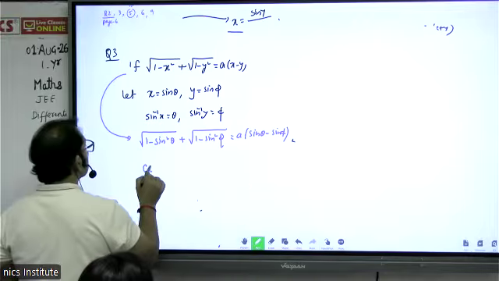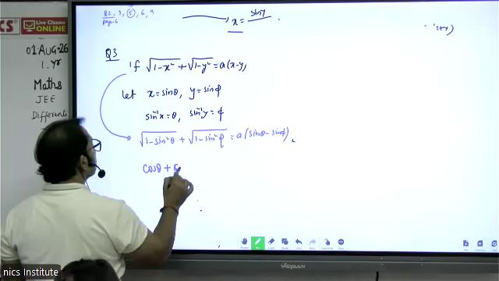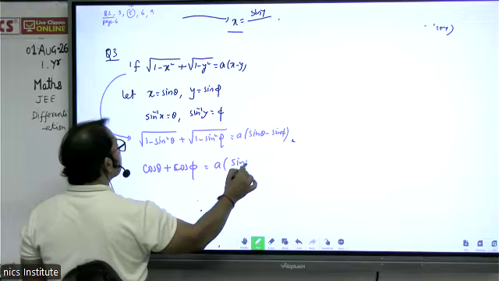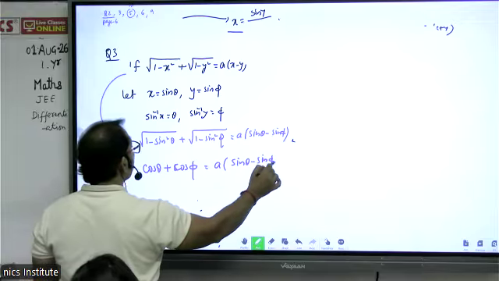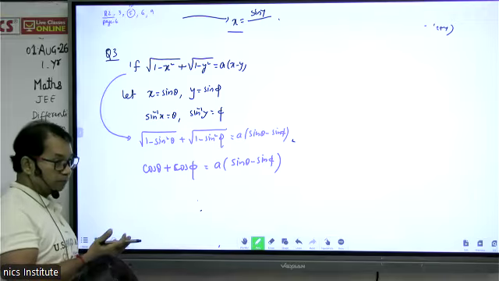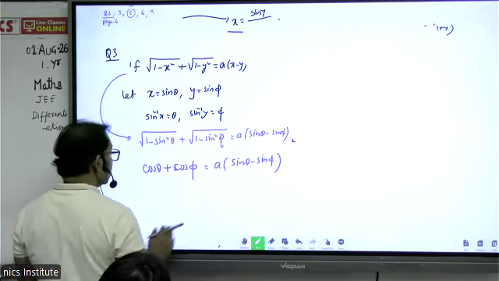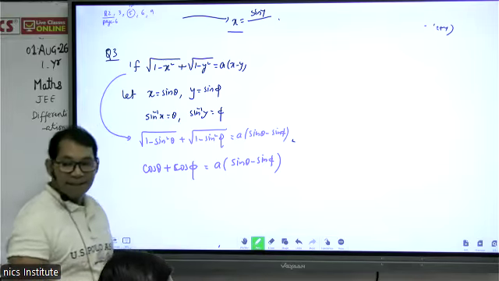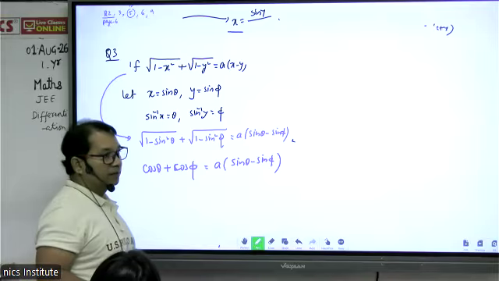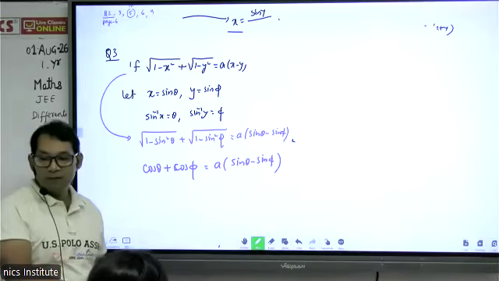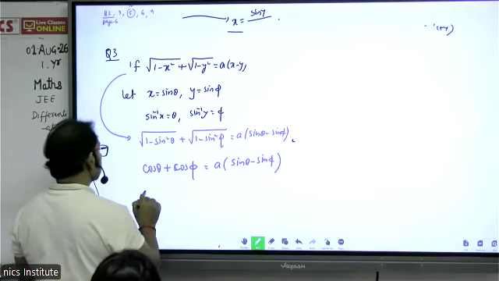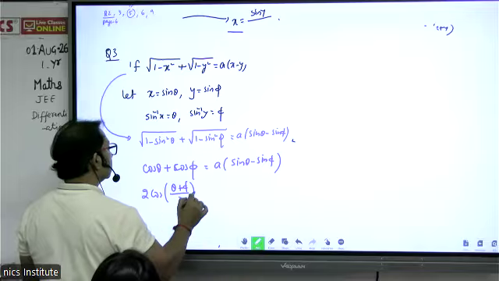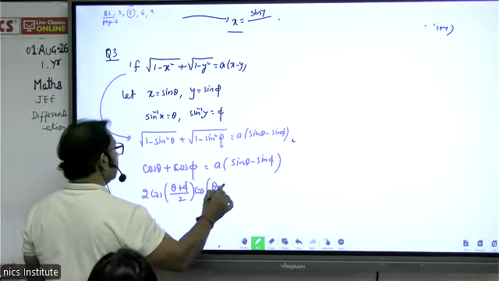So this is cos theta plus cos phi is equal to a into sine theta minus sine phi. In the derivative, we have y and x. So that means I need to simplify it further. Apply cos c plus cos d. What is cos c plus cos d? Ananya? Cos c plus cos d. Right. Cos c plus d by 2, cos c minus d by 2.